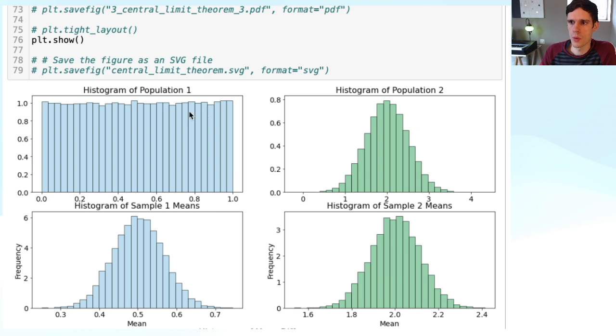Even though population 1 is not normally distributed, the distribution of sample statistics is normally distributed, and it is centered around 0.5. Now, 0.5 is indeed the average or the mean of our population 1.